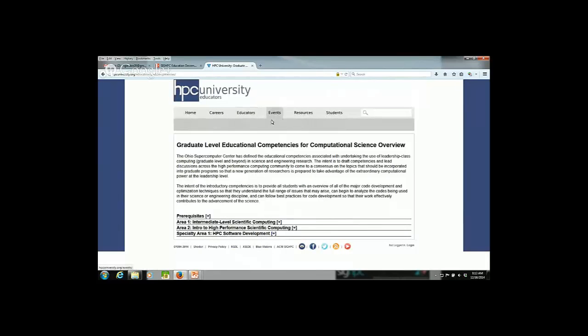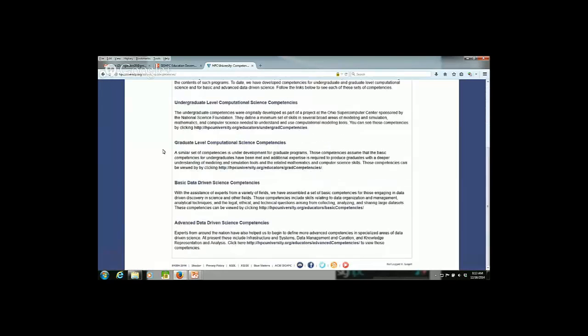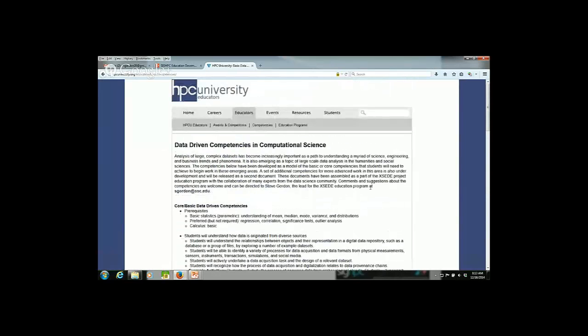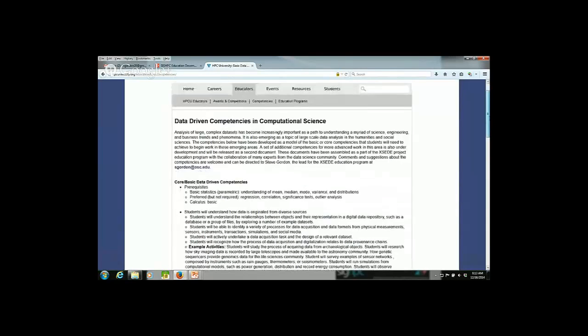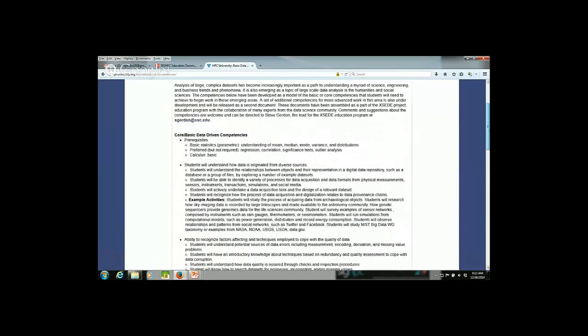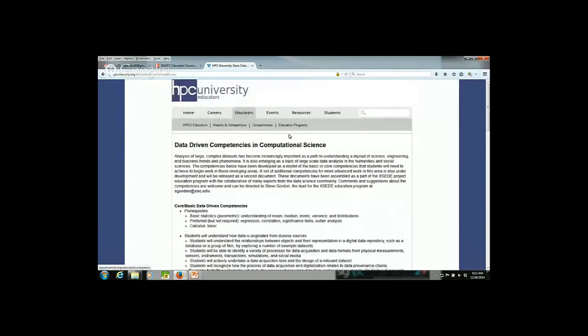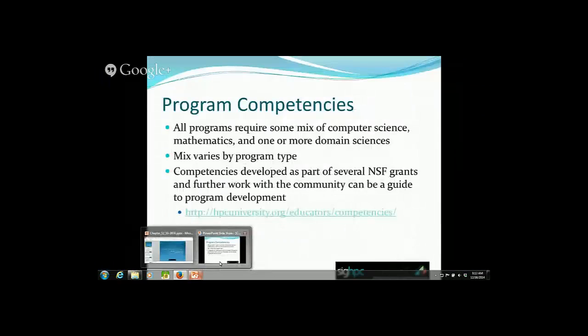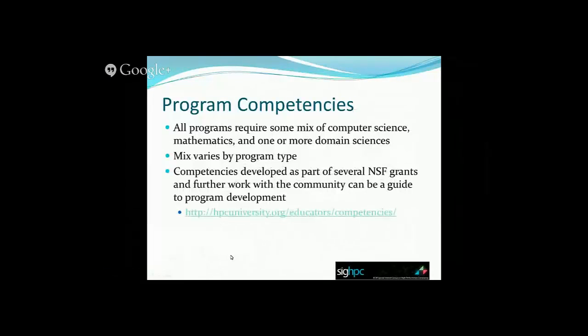And the ones that we have in data-driven competencies try to scope out what are some of the core areas in data-driven programs, and how would you present those, and what examples would you use. So again, these are too detailed to go over today, but I leave those with you as a way of thinking about what's embedded in these academic programs.